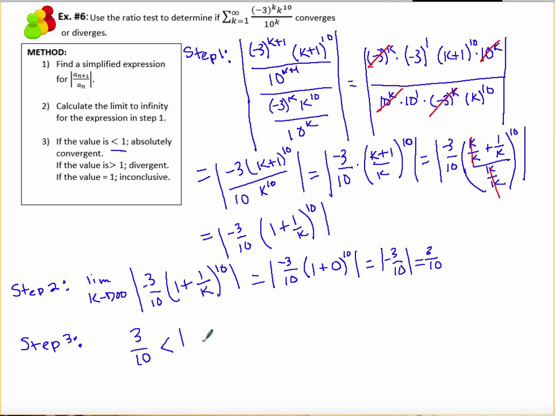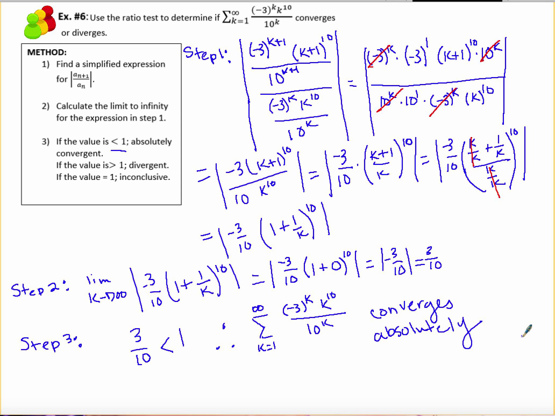So we could say, therefore, the sum to infinity of negative 3 to the k power times k to the 10th, all divided by 10 to the k, converges absolutely by the ratio test.